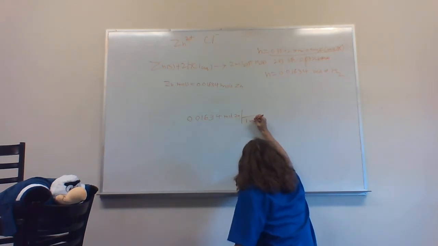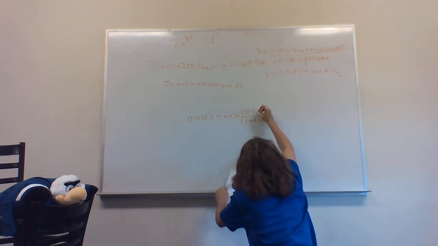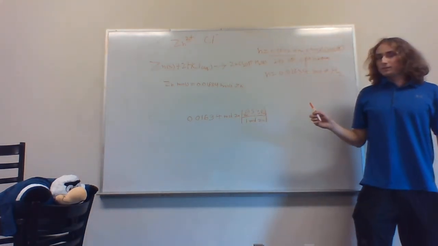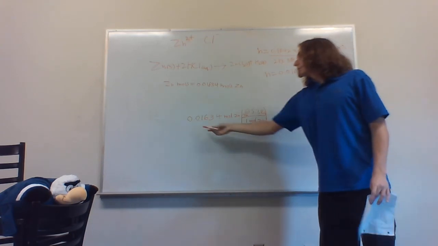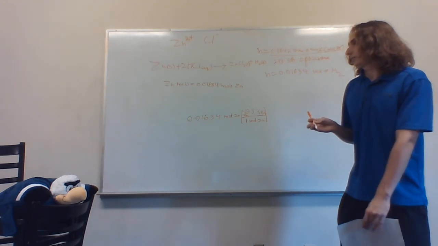Per 1 mole of zinc, there is 65.38 grams of zinc. Sorry, I didn't write that very neatly, so I'll repeat it in case you can't read it: per 1 mole of zinc, there's 65.38 grams of zinc.